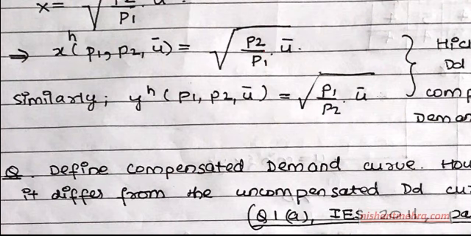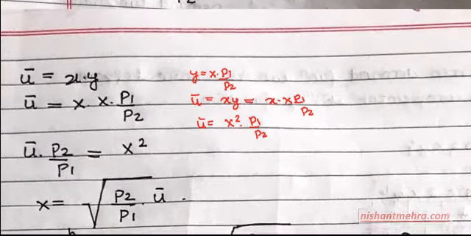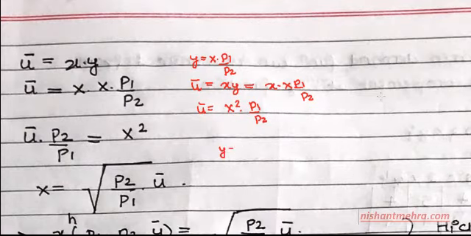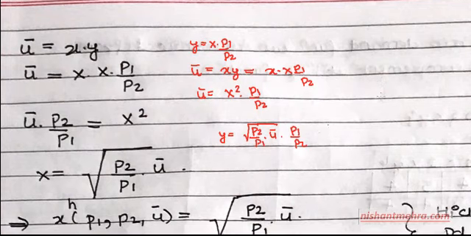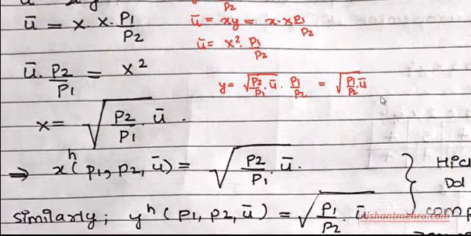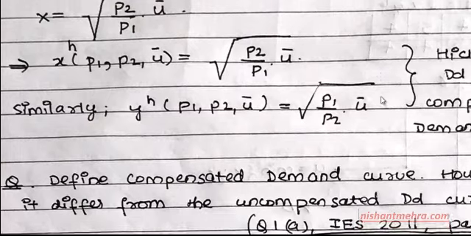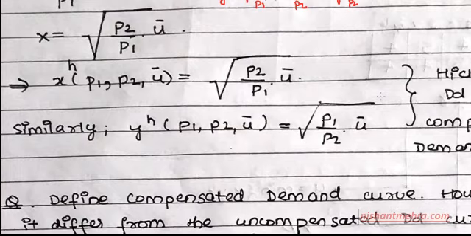And similarly, once you have solved for this, you can solve for y as well. You can write your y as x, which is root of p2 by p1 U bar, into p1 by p2. Clear? So what you will have is root of p1 by p2 U bar. This is what your y is. So y is also a function of p1, p2 and U bar.